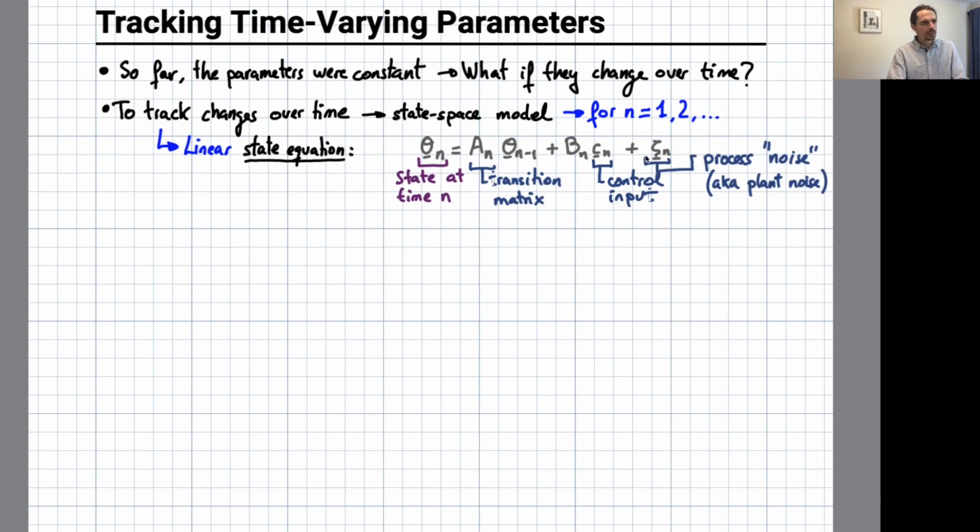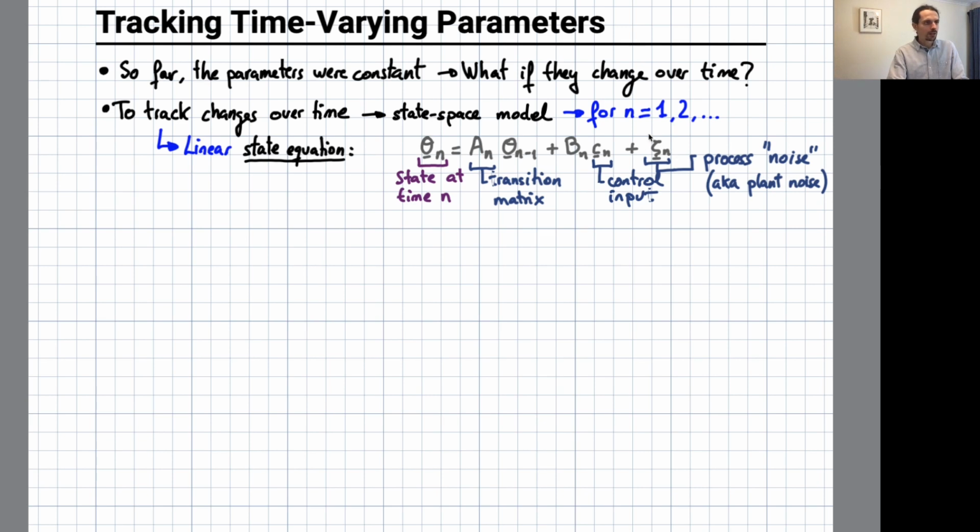And finally, this last term captures whatever these other terms don't capture. And if we have done a good job at modeling and there is little uncertainty in the system, then this should in principle be small, right? This is what we call process noise, right? But depending on the context, it may receive other names, such as plant noise, if for instance we are trying to regulate an industrial process, okay?